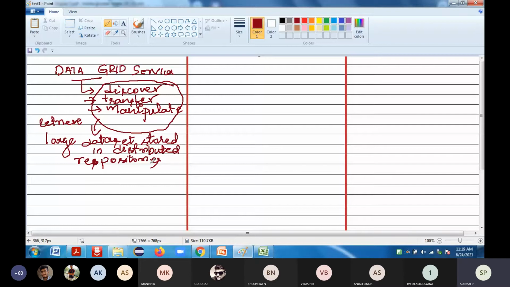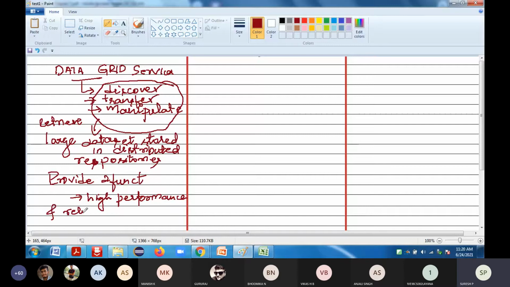Now data grids basically provide two functionalities. The first is high performance and reliable file transfer.